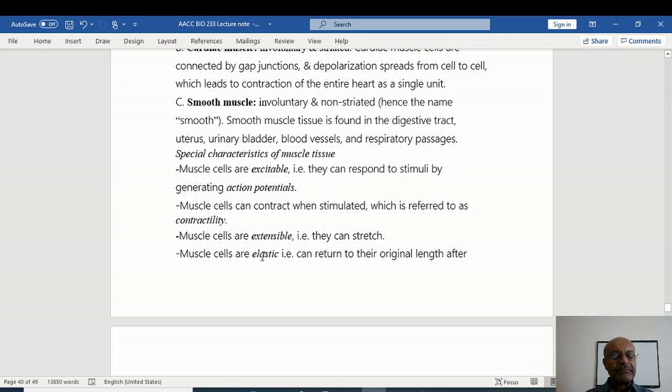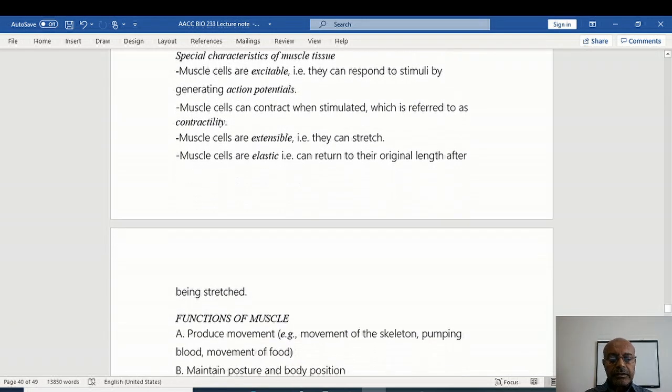They are also elastic, meaning they recoil to their original size after contracting. They are excitable, meaning they can be stimulated and get excited and generate contraction. So what are the common features of all three types of muscle tissue? They can be excited, meaning stimulated and made to contract: excitability. They can contract, they can extend or relax, and elasticity, meaning they can recoil to their original size after contracting.